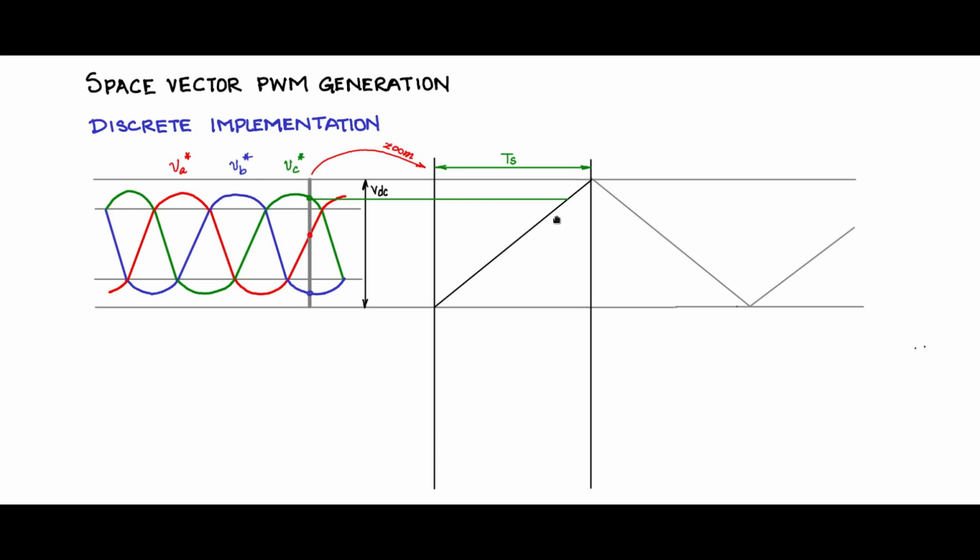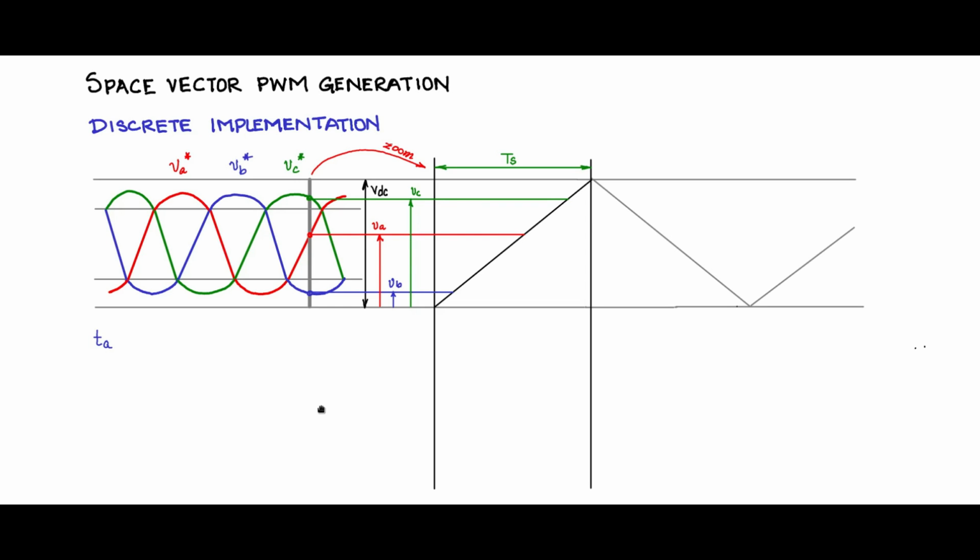Let us extend that so that it cuts this voltage to time conversion ramp. So this height is VA height, this height will be VB height, and this height up to this would be VC.